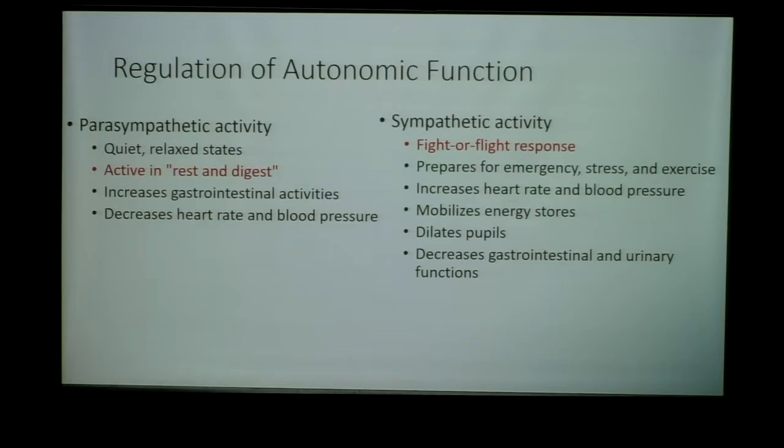Okay, so basically to summarize here, we have two divisions of the nervous system. You should know by this point what general functions are associated with each division. So we know the parasympathetic system is rest, digest, quiet, relaxed states. This increases our gastrointestinal activity and our glandular secretions, excepting sweat glands.